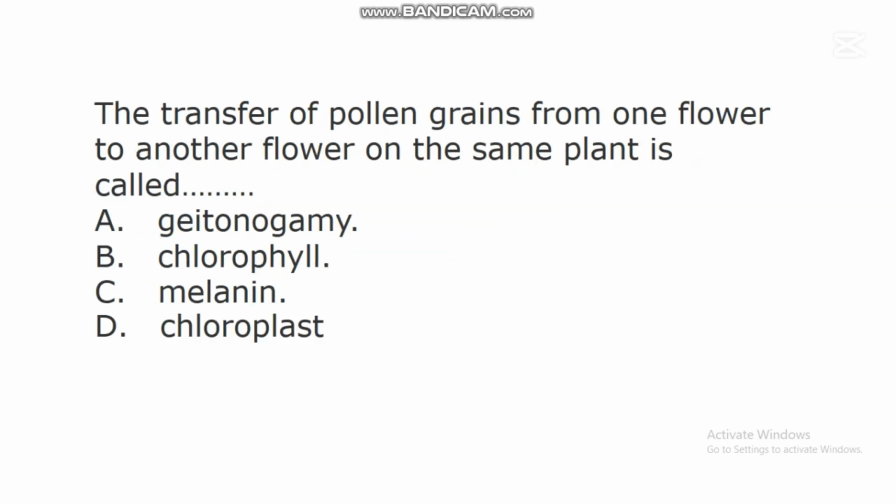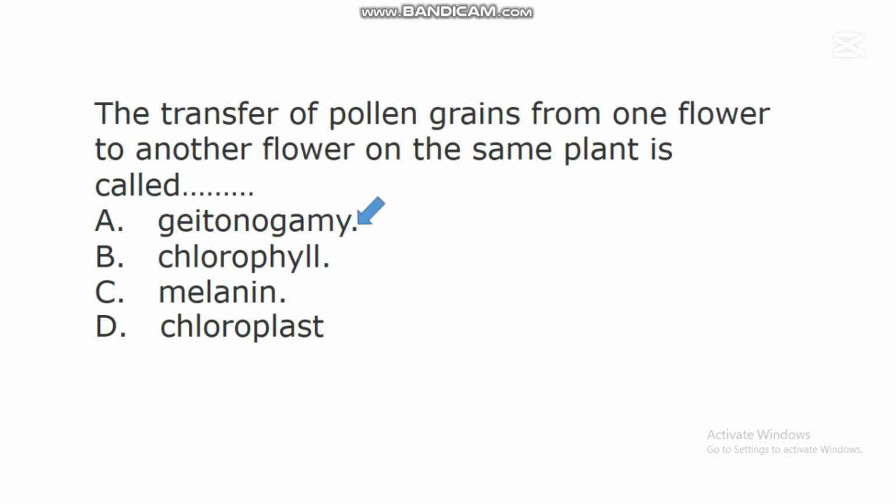The next question says, the transfer of pollen grains from one flower to another flower on the same plant is called dash. A. Geitonogamy. B. Chlorophyll. C. Melanin. D. Chloroplast. In this question, the correct answer is A. Geitonogamy.